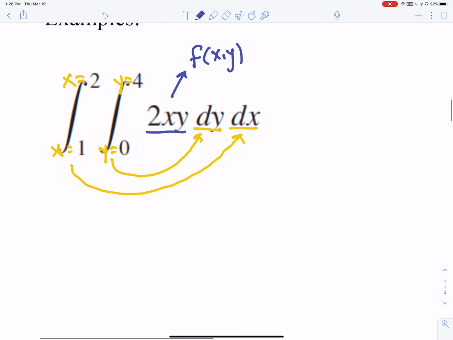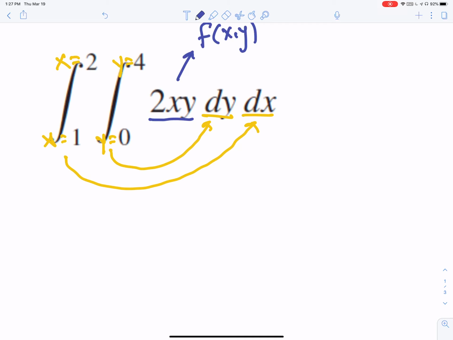So let's evaluate this integral real quick. Just like when we were doing partial differentiation and you're differentiating with respect to one variable, now we're integrating with respect to one variable at a time, and you know which one you're doing based off of the order of integration at the end. So we know that we're going to start with y, so we're going to integrate with respect to y first, and in this case we'll treat x just like a regular constant.